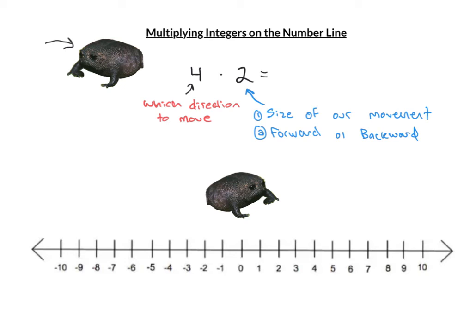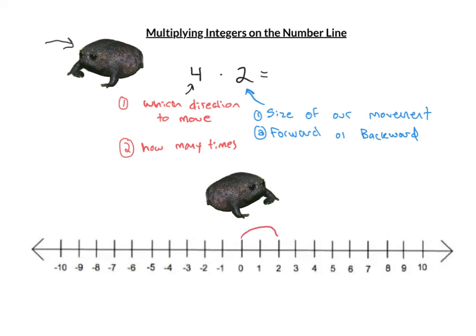Not only is it telling us which direction we're moving, but it's telling us how many times. Important piece there. So we're going to jump 4 times, and in each of those jumps, we are going to move 2 spaces forward.